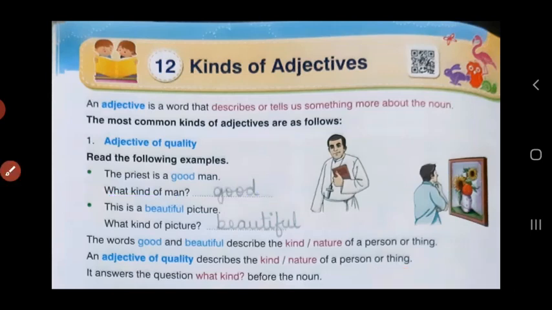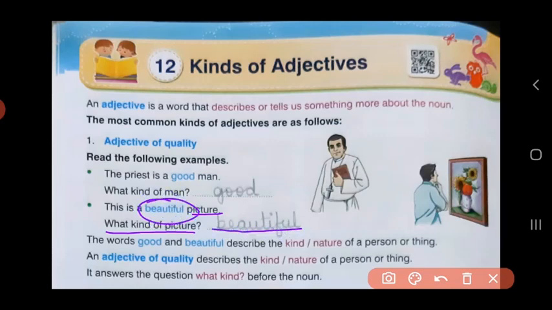The second sentence, this is a beautiful picture. The noun over here that they are talking about is picture. But what is describing the picture? What kind of picture? Beautiful. So beautiful is describing the picture.